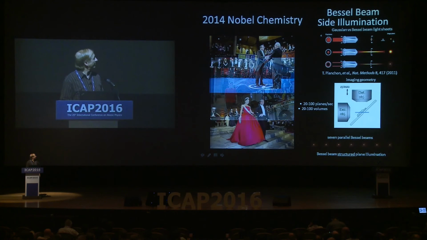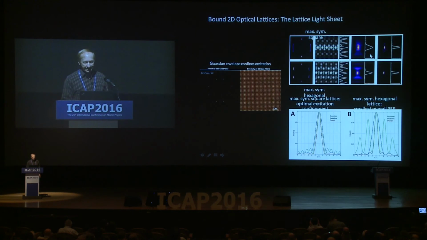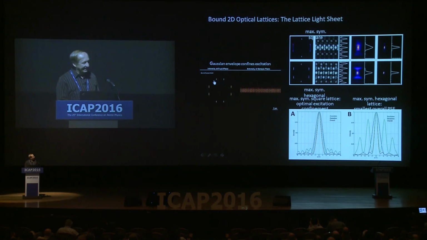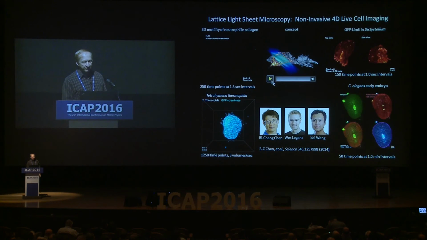And then he got interrupted by this: he got a Nobel Prize, and here he is with Princess Victoria at a ceremony on the subject of single molecule imaging in the PALM microscope. But his heart really wasn't there. He was thinking about lattice microscopy. So if we further modify the back focal plane and change the structure, you can actually form a lattice in 2D space and make that as fine as possible illumination, and apply this to a number of examples.